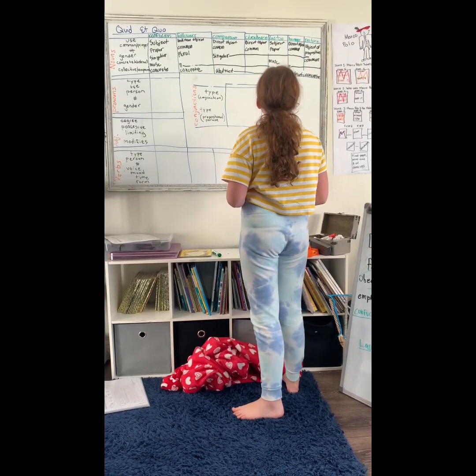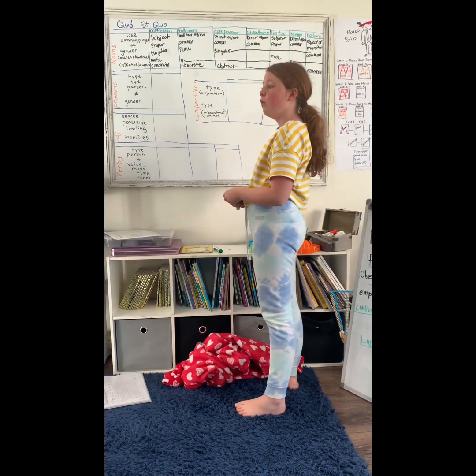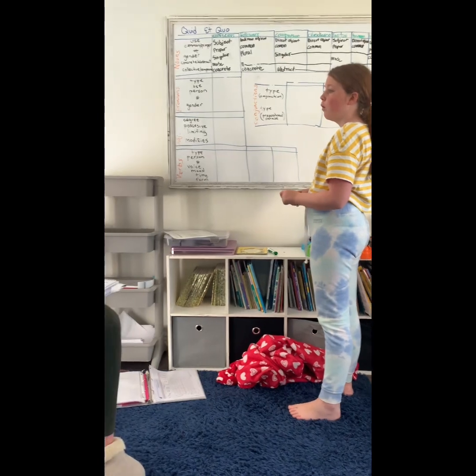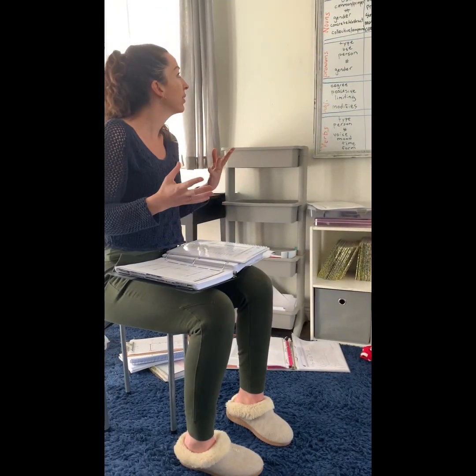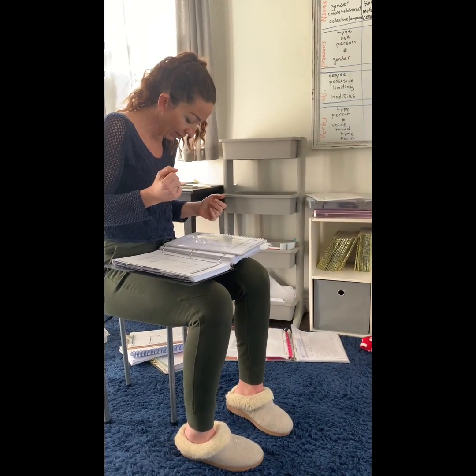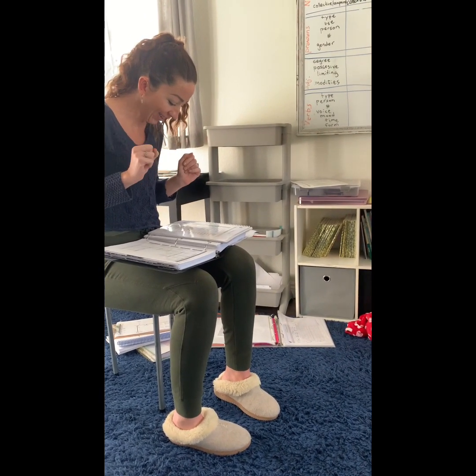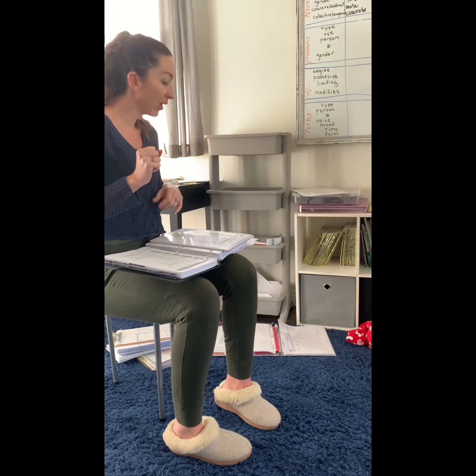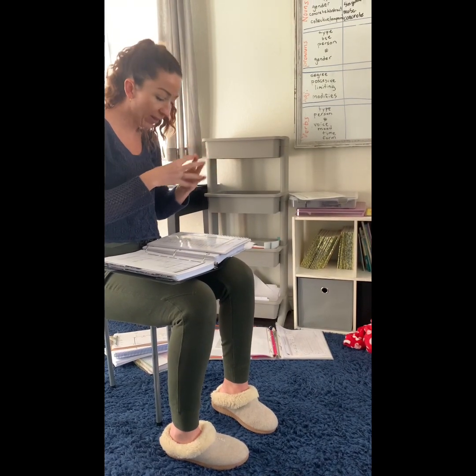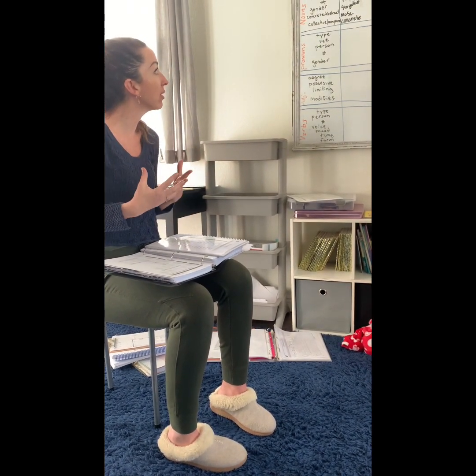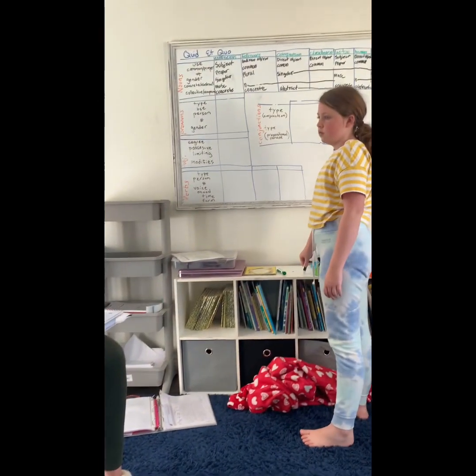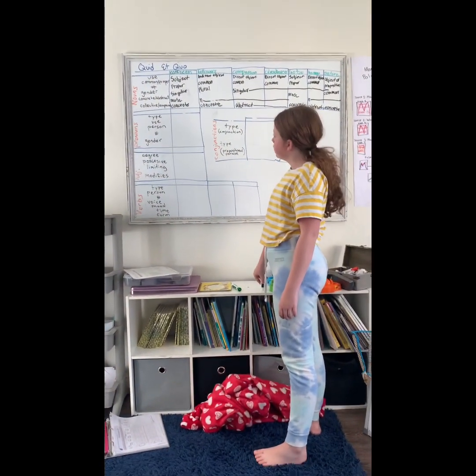No. Compound would be where you have two words joined together, like mountaintop. So are any of those compound? No, so we actually don't need to write anything for that one.